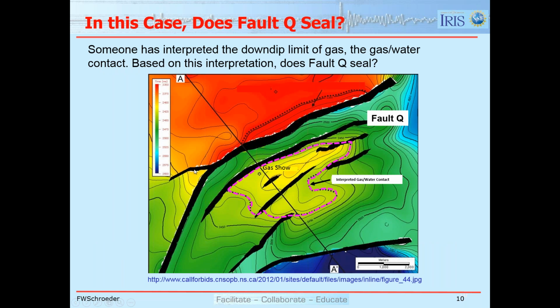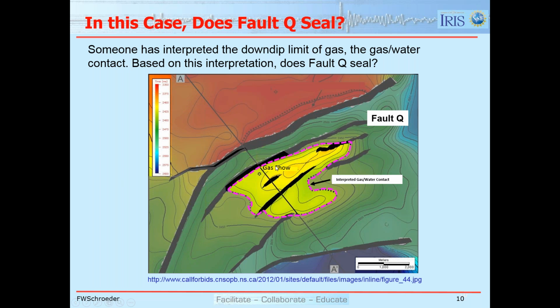This is an example that I pulled off of the internet. Again, it's a structure map, and someone has interpreted that the fill level is down to the dashed magenta line. And if this is the true distribution of the gas, we could ask, does fault Q, and that would be this fault here, does that seal or does that leak gas?